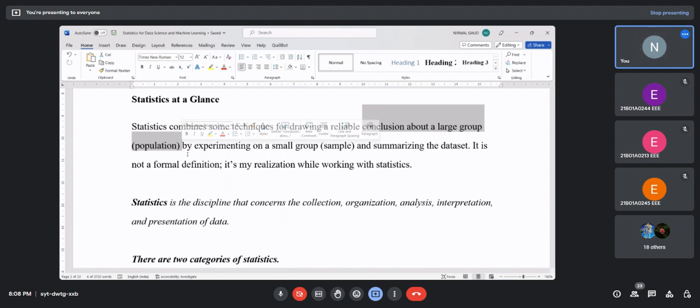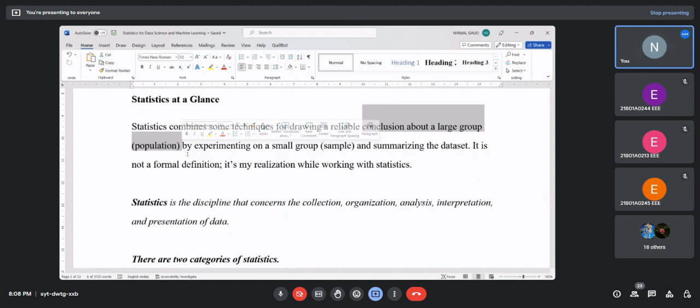There might be lakhs of women in your city; that will be called a population. But the survey is conducted on some thousands of women only. Okay, 3,000, 4,000, 5,000, and on the basis of the survey, I can give some answer: the status of women in your city is this, is this.